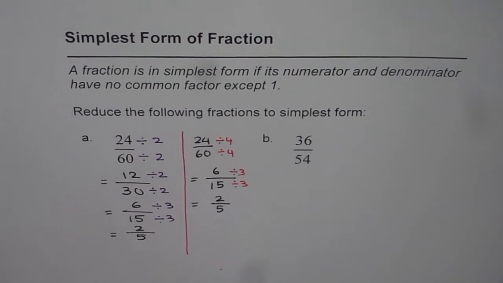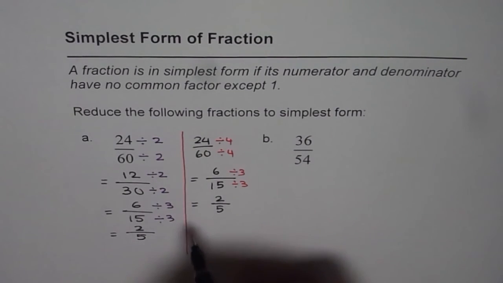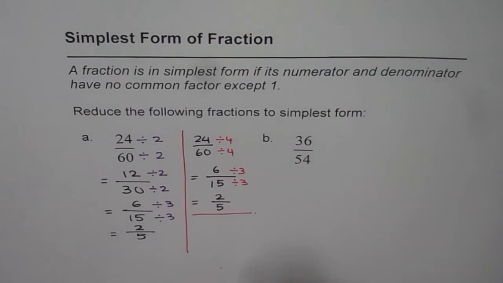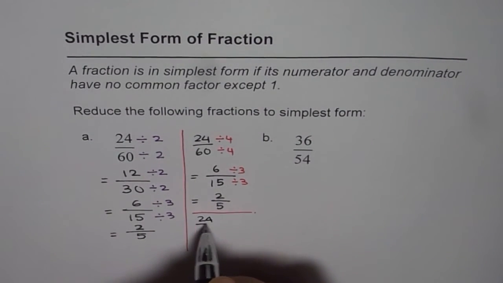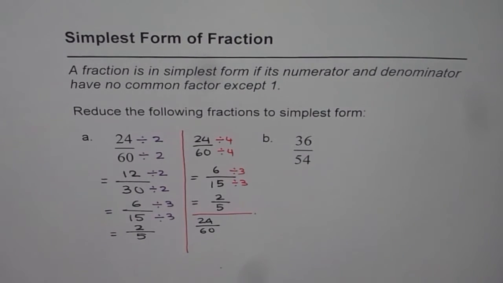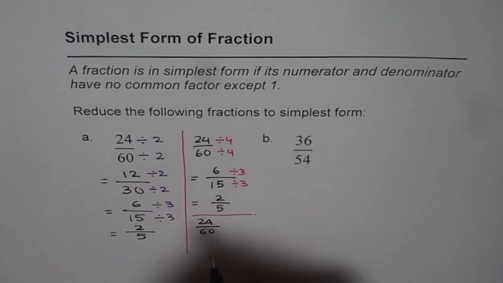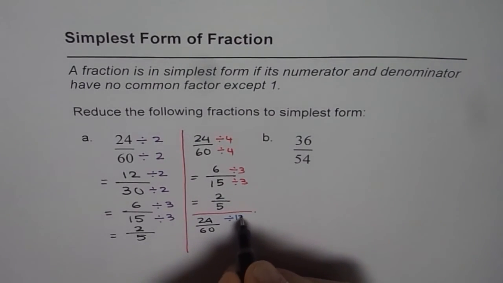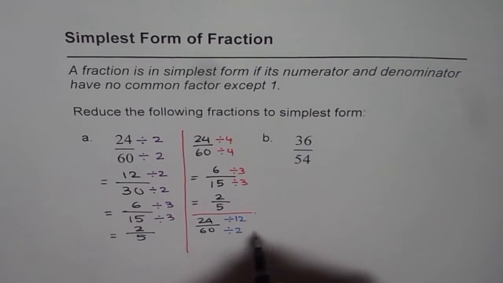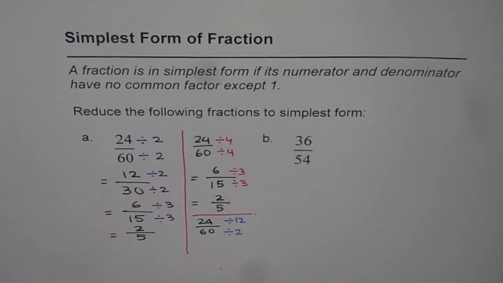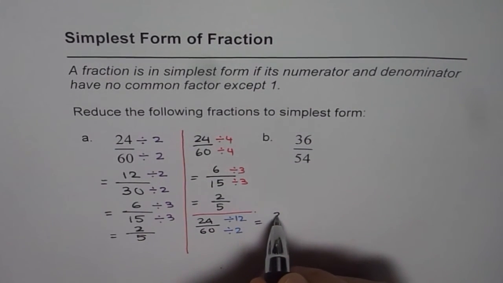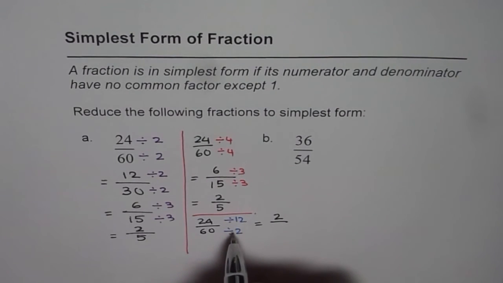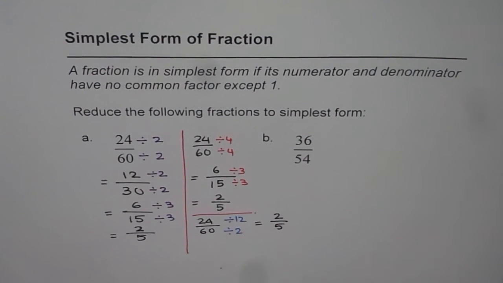At times, if you can find the highest common factor, that means, you started with 24 over 60, we could straight away divide both by, let us say, 12. If I divide them both by 12, what do I get? 12 times 2 is 24, and 12 times 5 is 60.